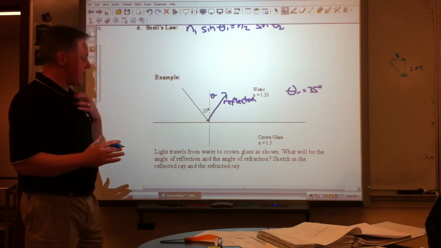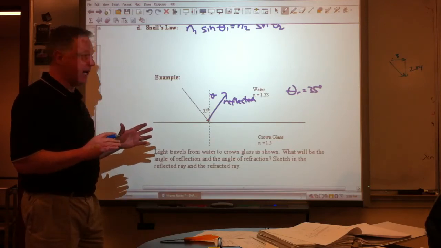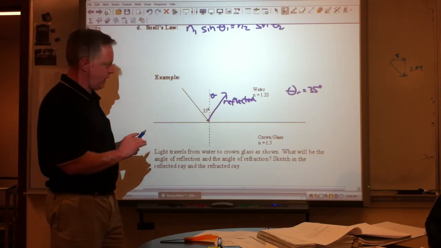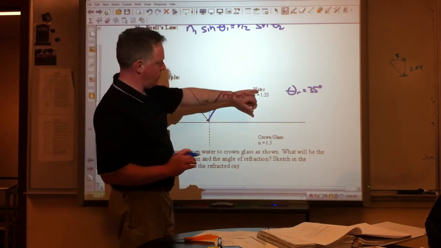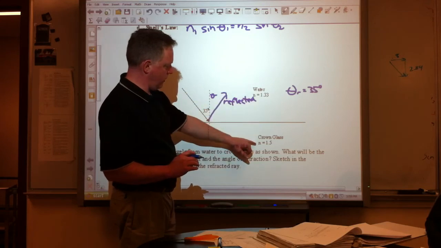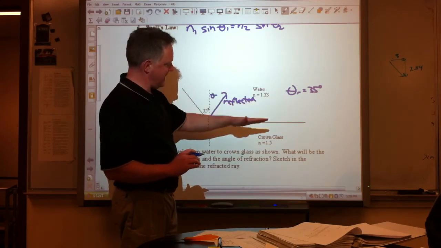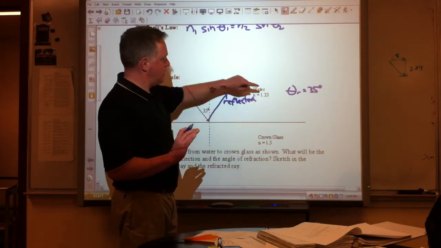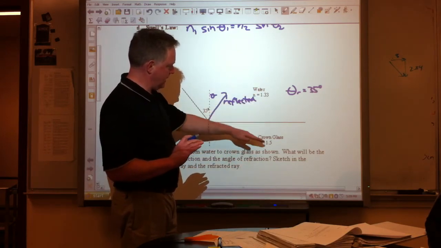Now, for refraction, we're going to have to calculate the angle using Snell's law. But let's just think about what it should look like. I'm going from water with an n of 1.33 to crown glass with an n of 1.5, so the n is getting bigger. Remember, the n values are inversely related to the speed, so if this is getting bigger, the velocity is getting slower.